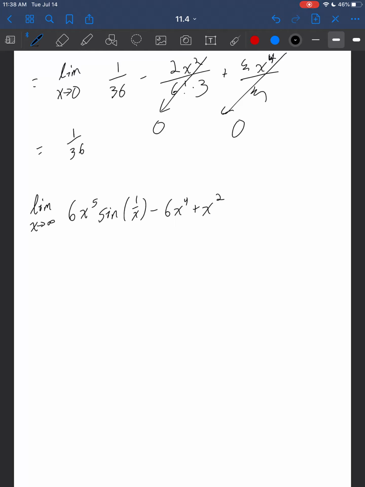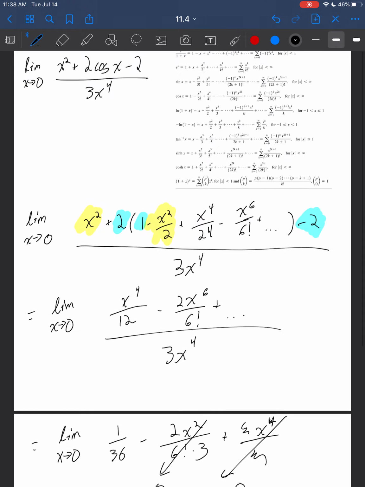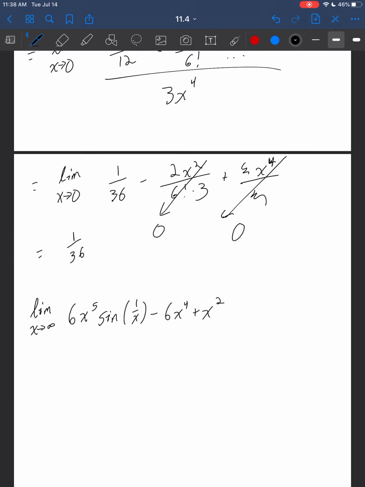So what we can do is we know that sine of x is going to be equal to x minus x cubed over 3 factorial plus x to the fifth over 5 factorial. So we can replace things within the limit. Now, as x goes to infinity of 6x to the fifth, and we'll take everything and replace it by a 1 over x.